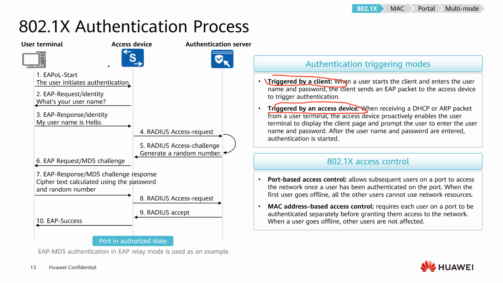And there are two kinds of access control, and mostly we use port-based access control. That means on the access device, we configure the authentication on a specific interface, and once one user goes online through this interface, all of the users who want to connect to network resources from this interface will get the same rights.